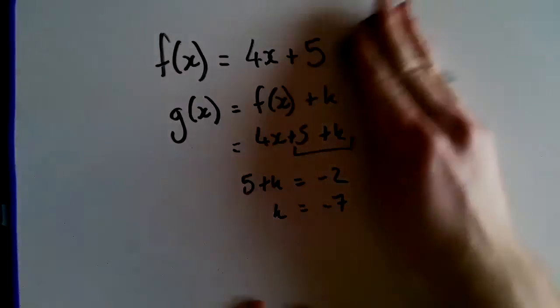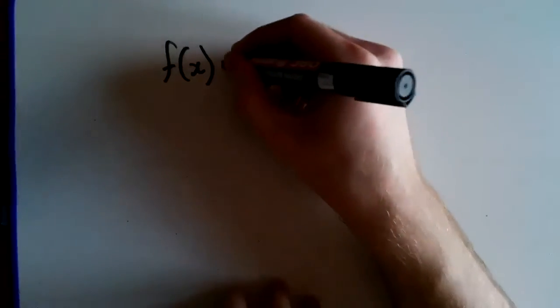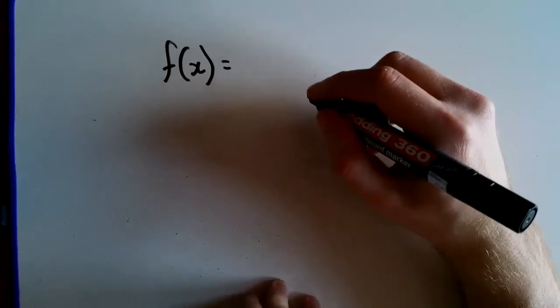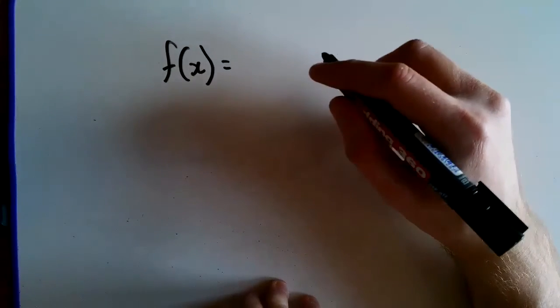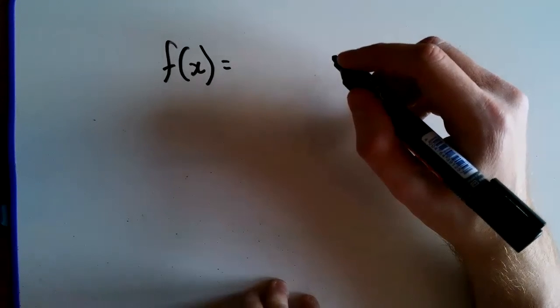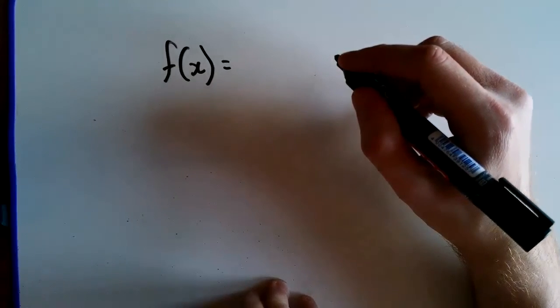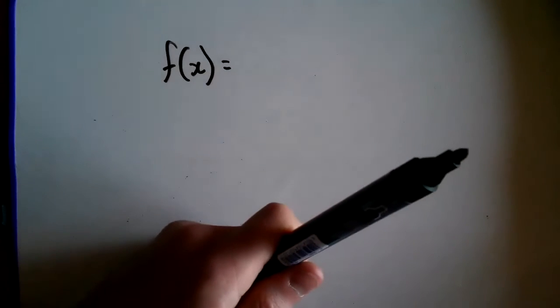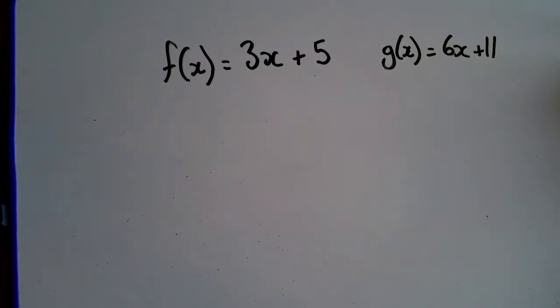Okay, and let's have a go at doing something like f of x equals 3x add 5, and g of x equals 6x add 11.